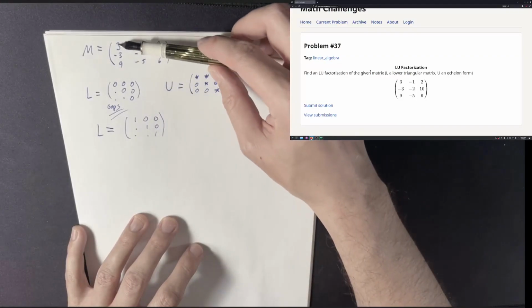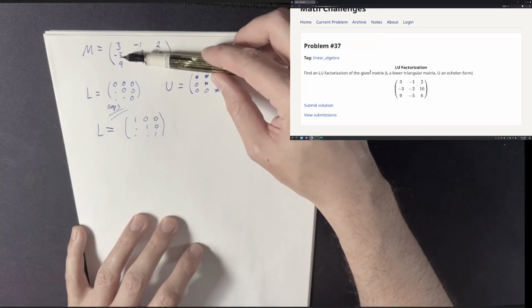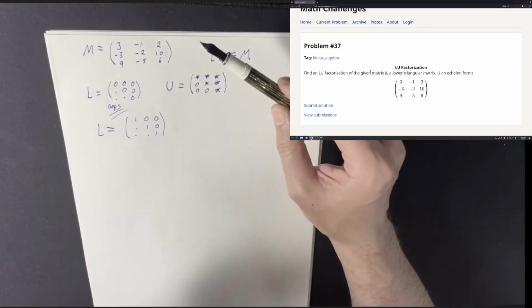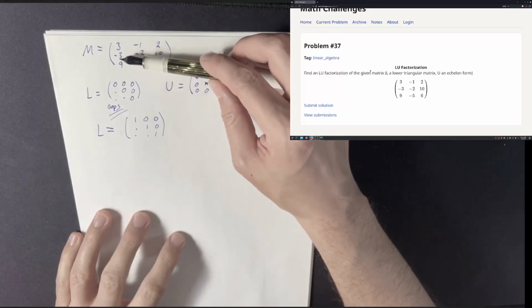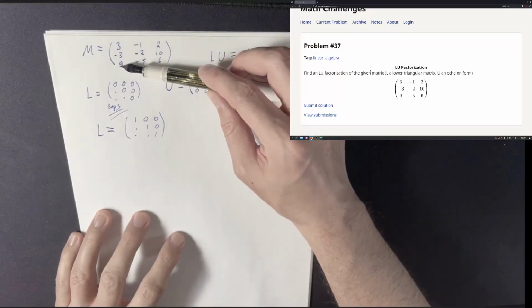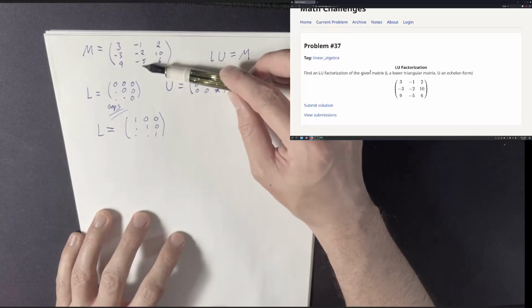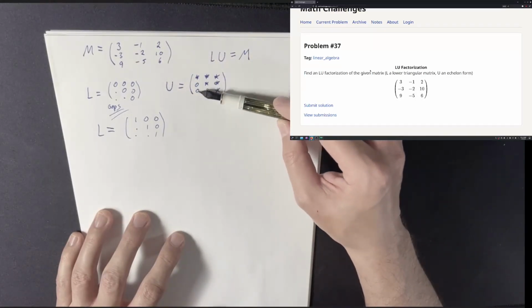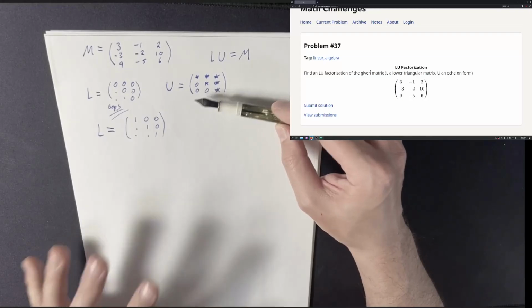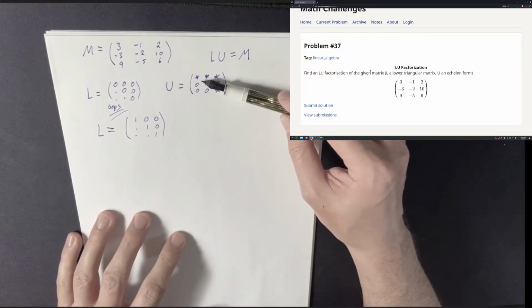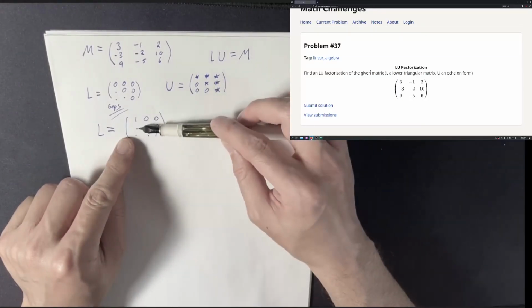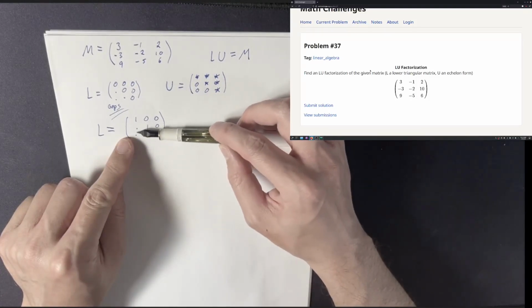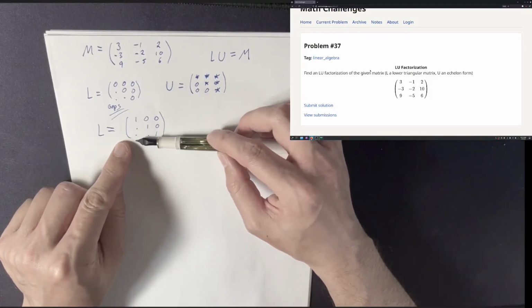So we're just going to do some sort of row operation. We'll do it succinctly in one step to annihilate this -3 and this 9 and then this -5, okay? So we're going to first start in the first column, make those zeros by some sort of row operation. And as you do that, I'm basically going to record what I did on each of these cells.